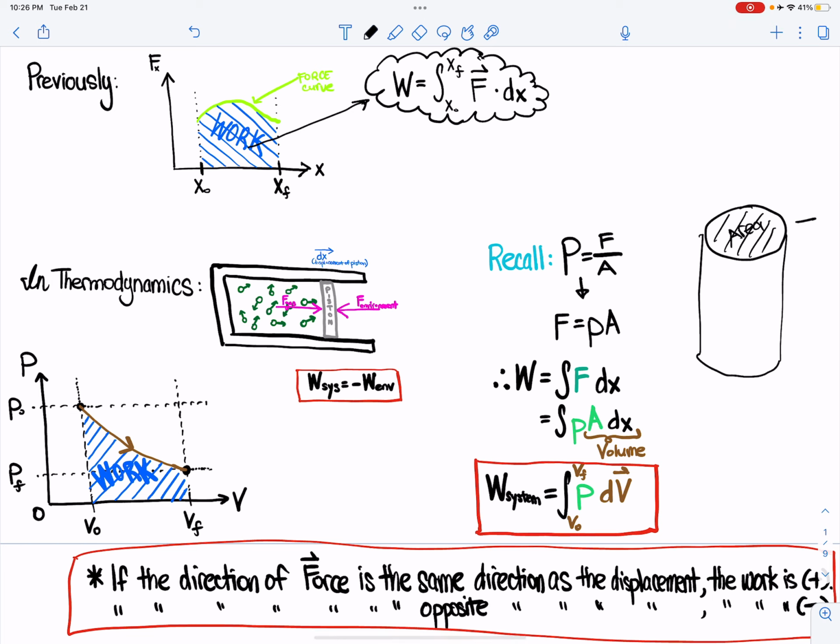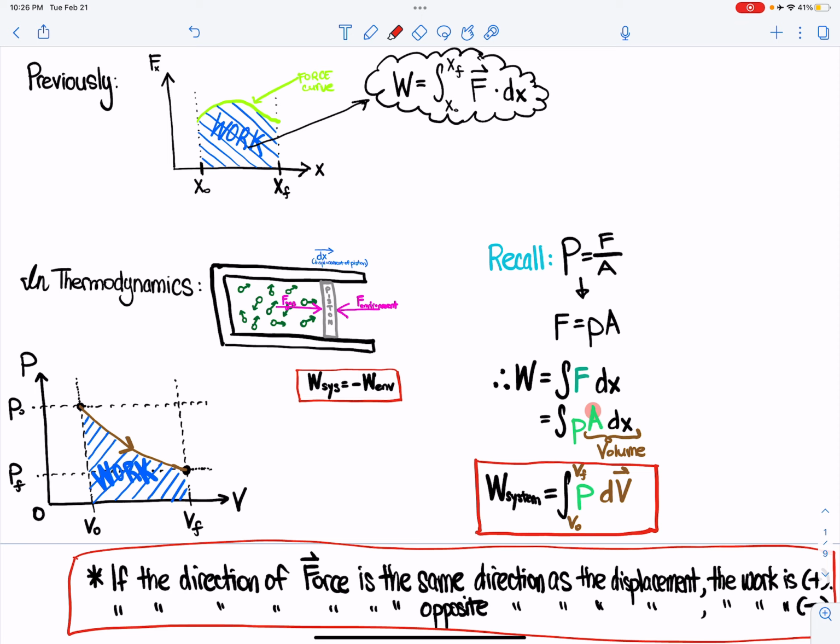If you multiply that area along the height, let's call this x, that would be the volume of the cylinder. So another way of writing this is calling it dV.